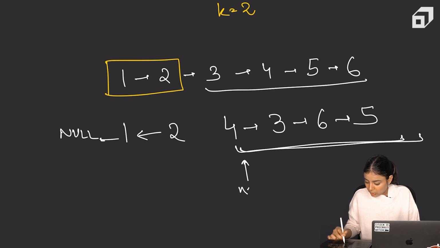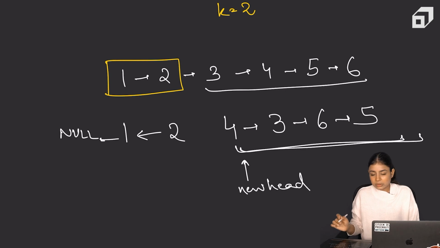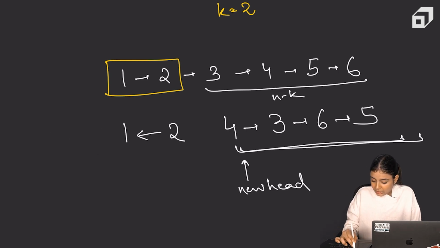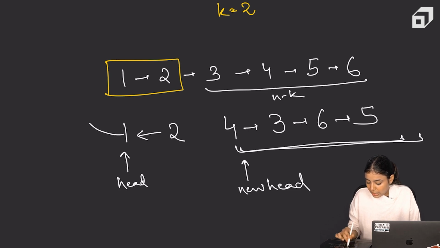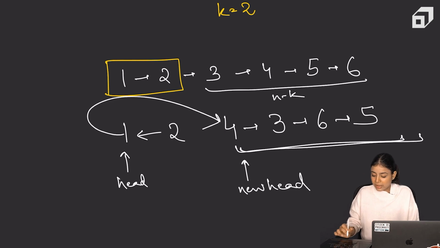The new head would be 4 here, right? The new head for the n minus k nodes. Instead of 1 pointing to null, this was my original head. If I can make the original head point to the new head, then I have joined my two lists, right?